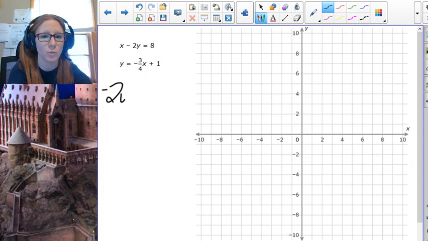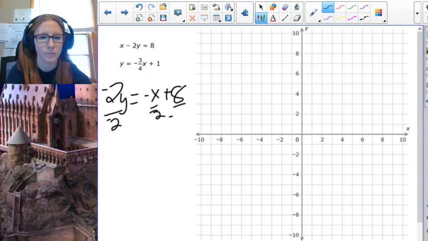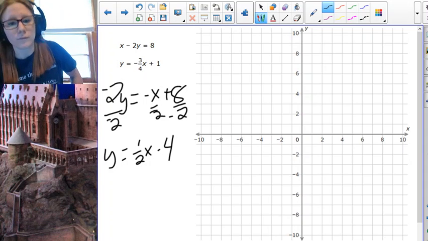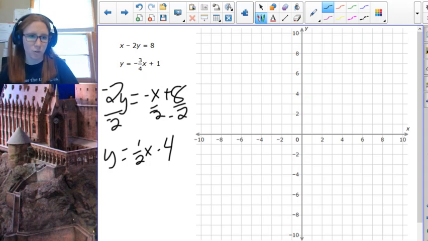So I have negative 2y equals negative x plus 8. Then divide everything by negative 2. So that gives me y equals 1/2 x minus 4. Negative x divided by negative 2 turns positive. 8 divided by negative 2 is negative 4.